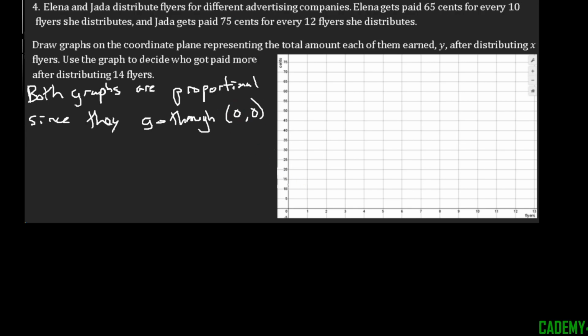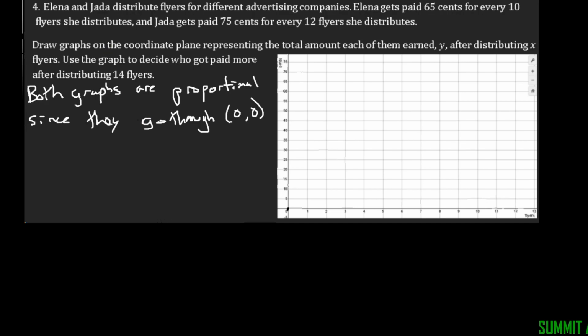So that's going to be the origin down here. On our x-axis, we have flyers. On our y-axis, we have the cents, so how much they're getting paid. So let's plot these 2 points.